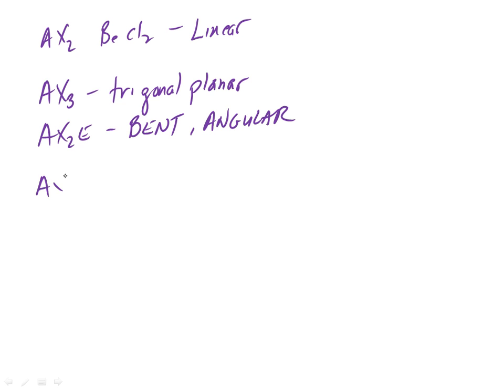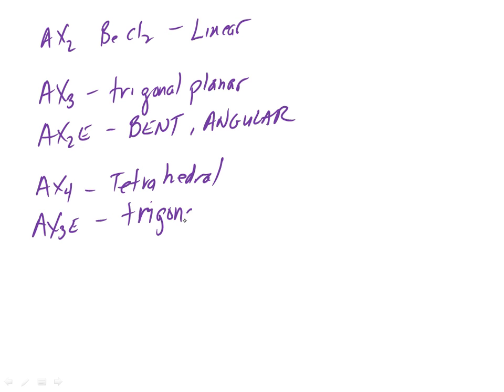Then we went to AX4. We had AX4, which is tetrahedral. We have AX3E, which was called trigonal, oops, I'm getting ahead of myself here, trigonal pyramidal.